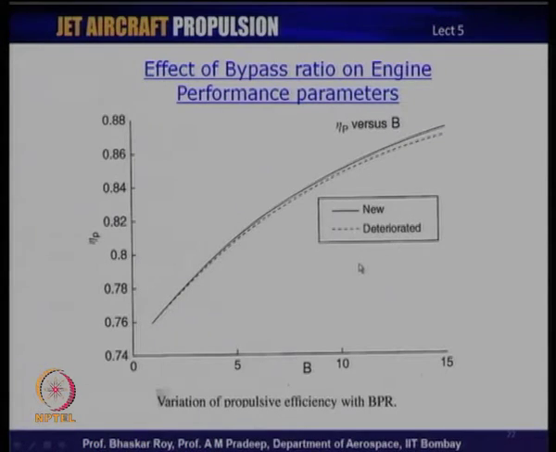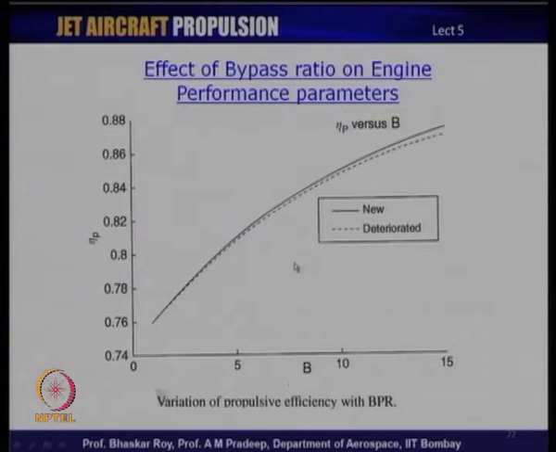This translates most prominently into the propulsive efficiency, where the increase of bypass ratio simply increases the propulsive efficiency to very high values. As you can see here, with years of usage, it may slightly deteriorate, but it still produces very good propulsive efficiency, competitive with any other kind of jet engine that one can think of.